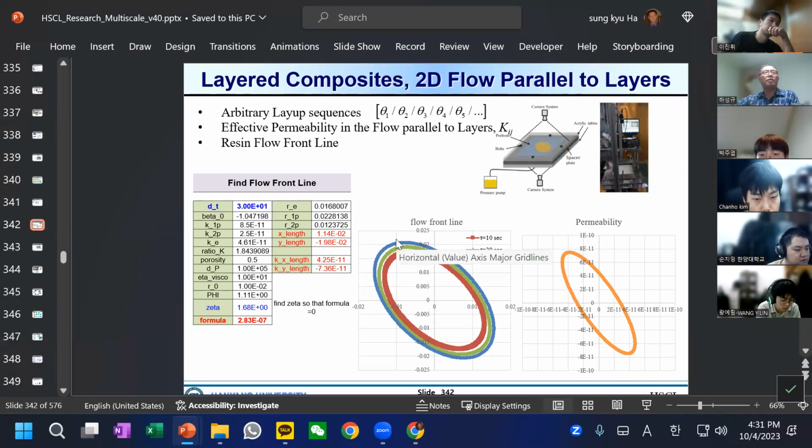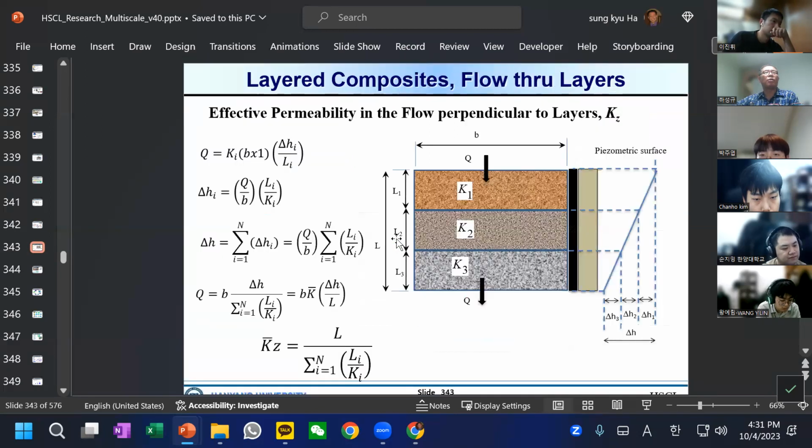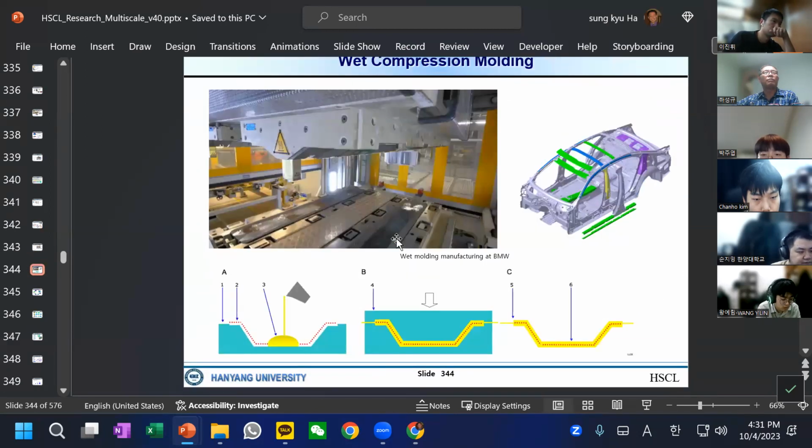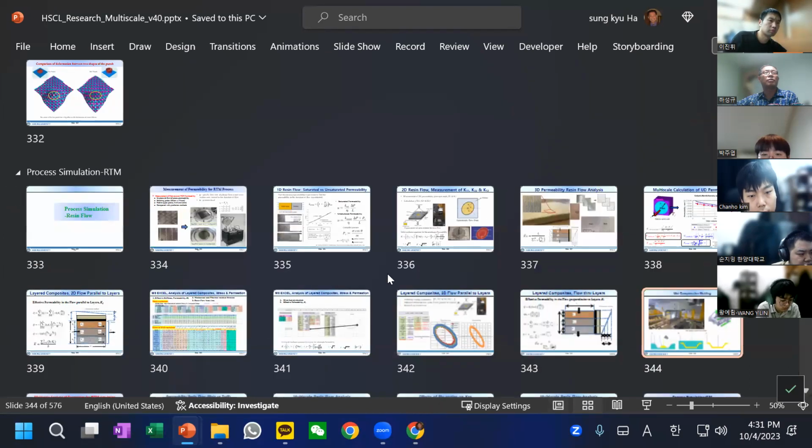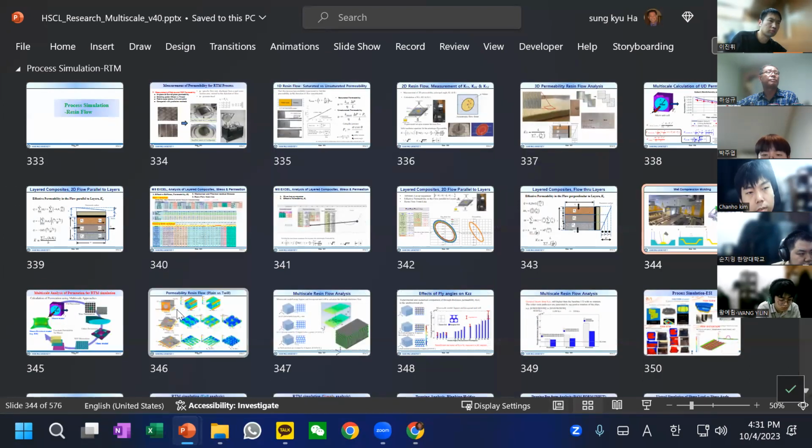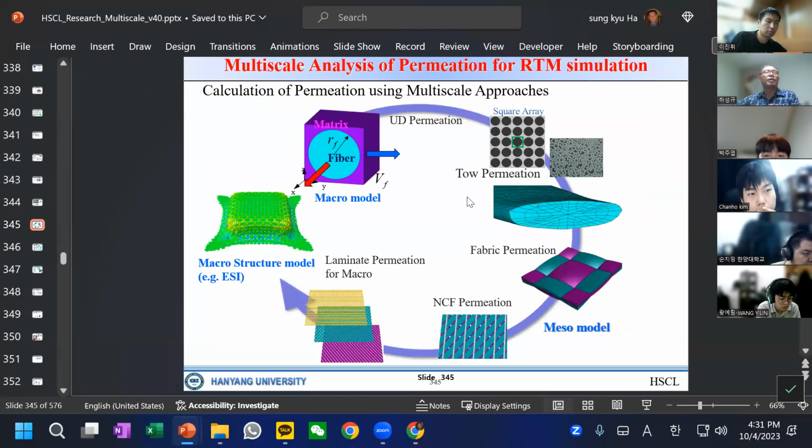Now, with the permeability, we can simulate all kinds of resin flow, like when you do the manufacturing. So for this kind of permeation or resin flow, for the resin transfer molding or infusion procedures, this procedure can also be analyzed with micromechanics.